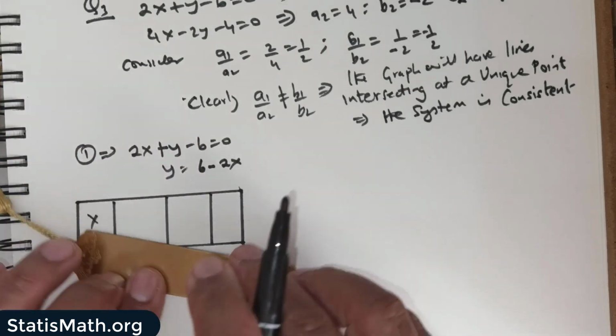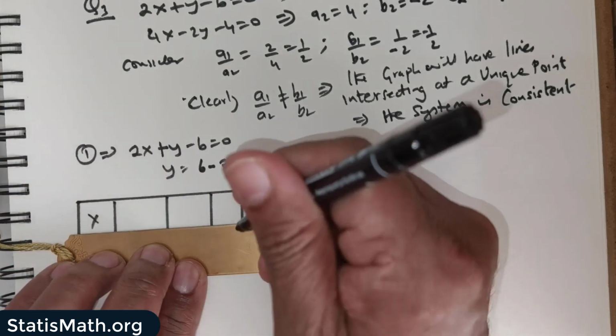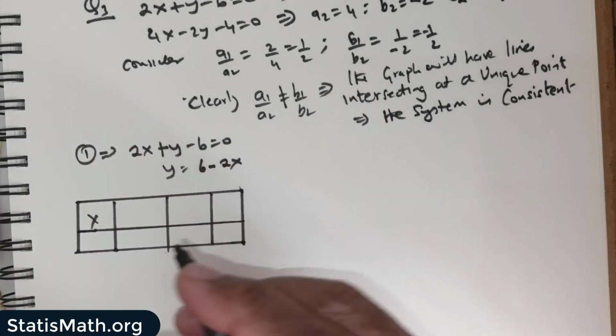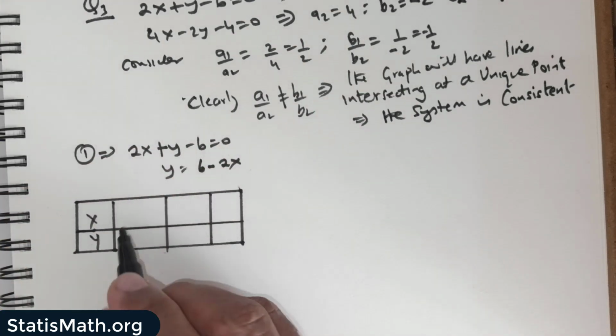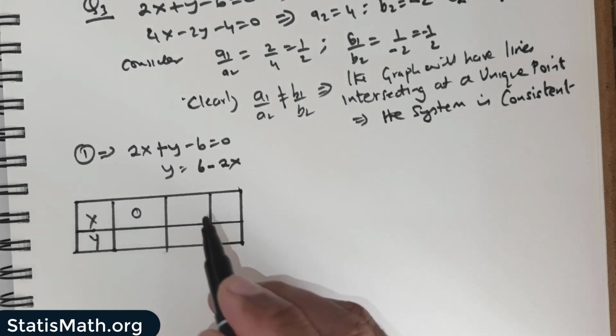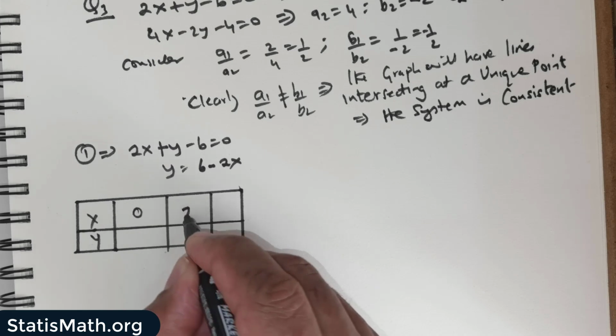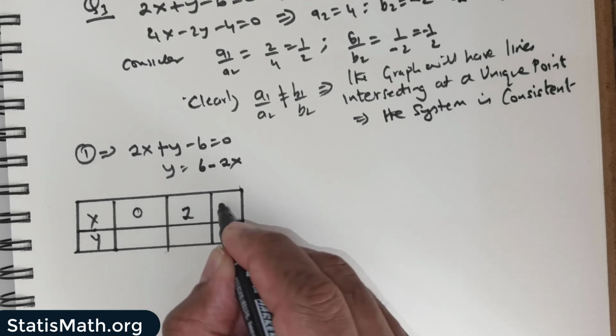This is going to be x, this is going to be y. You can take 0 to be one value, and then I'm taking 2 and 3.